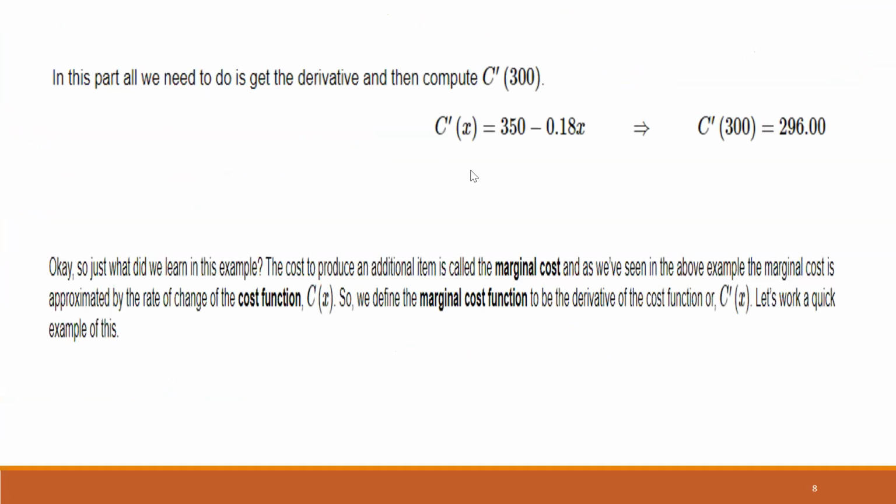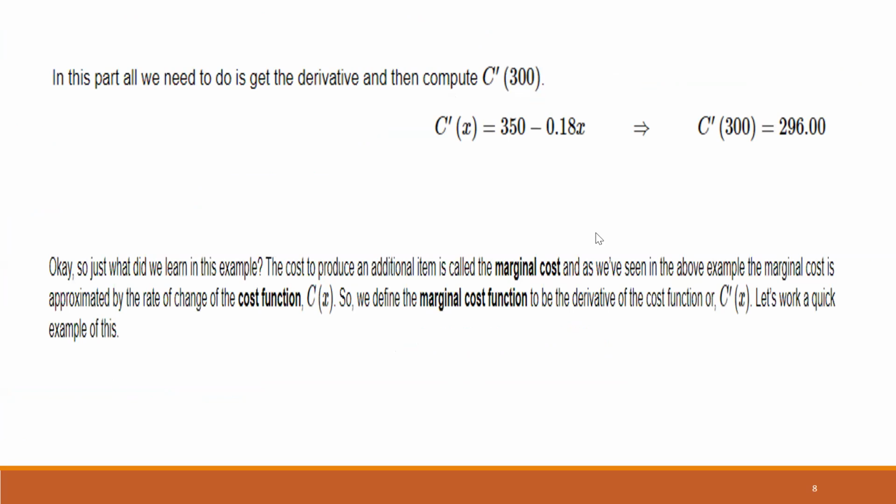To do that, you're going to find the first derivative of the cost function. Anytime you think about rate of change, you're finding the first derivative of the function, and then you plug in x equal to 300.